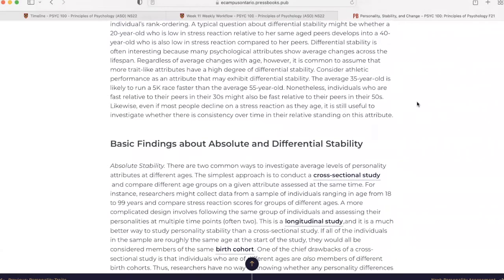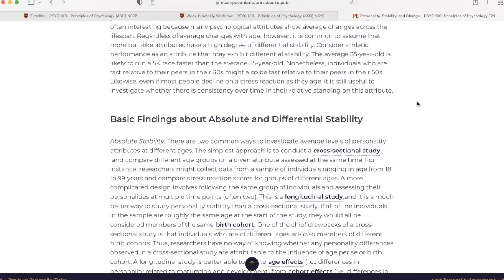Nonetheless, individuals who are fast relative to their peers in their 30s might also be fast relative to their peers in their 50s. Likewise, even if most people decline on stress reaction as they age, it is still useful to investigate whether there is consistency over time in their relative standing on this attribute.